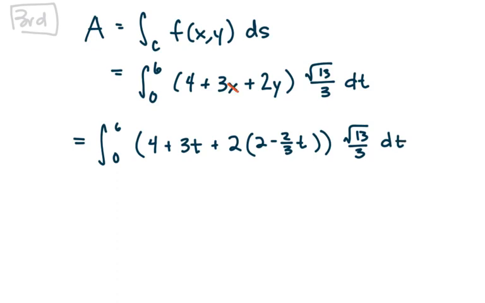So we just need to make sure that we plug our parametric x and y into that original function. At this point, this is easy for us to integrate, so I'm going to encourage you to pause and make sure you can do that. I'm going to work it out.